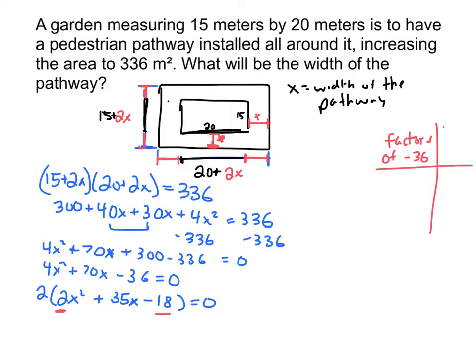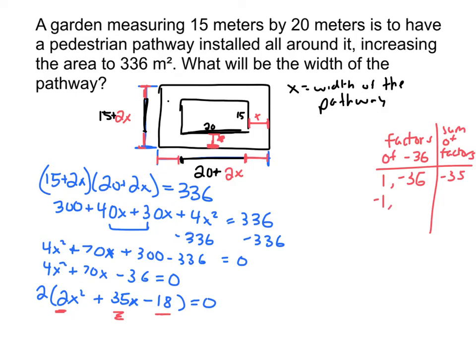And then I have the sum of the factors. The goal is always to get the middle number, in this case 35. If I start with 1 times negative 36 and add those two together, I would get negative 35. I'm trying to get positive 35.